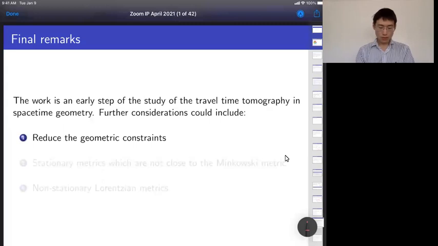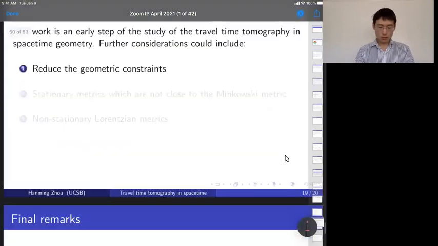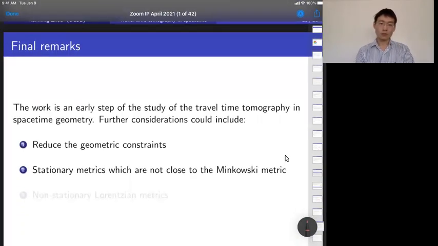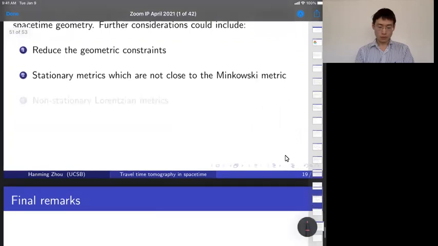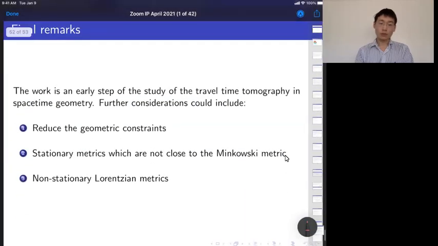Another one is that the metric is close to the Minkowski one. So of course, it's interesting to see how things go if the metric is far away from the Minkowski metric, in the general setting. And the more general case is if you also consider non-stationary Lorentzian metrics.